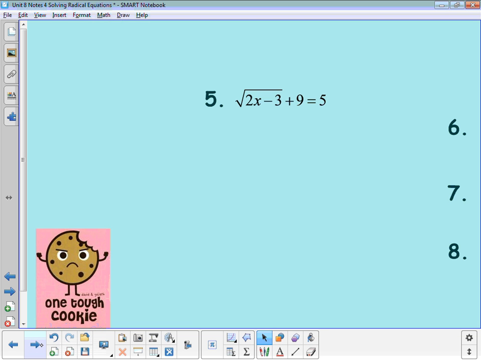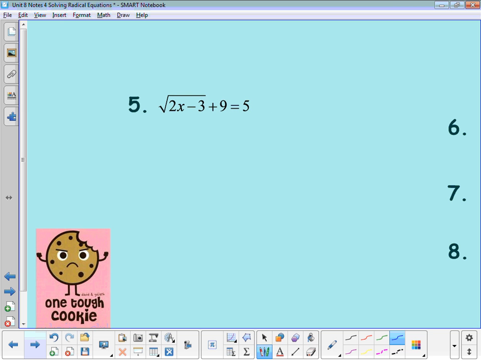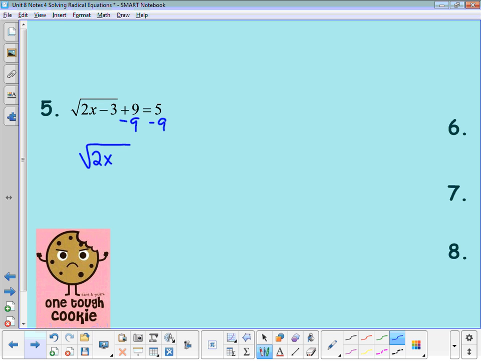In number 5, we have the equation, the square root of 2x minus 3, and then plus 9 after that equals 5. So let's see what we would do here. I would start by subtracting the 9. When I subtract the 9 from both sides, I end up with the square root of 2x minus 3 equals negative 4.